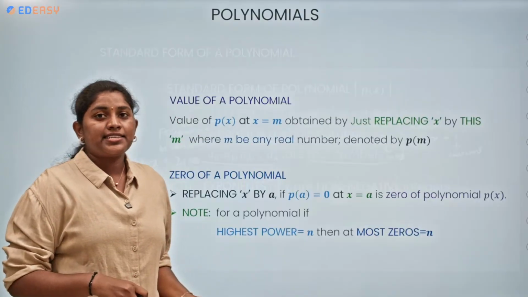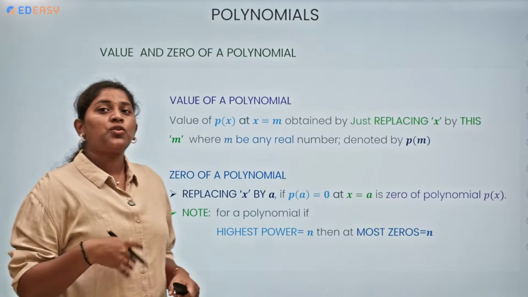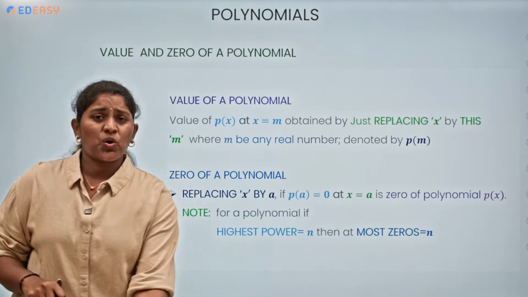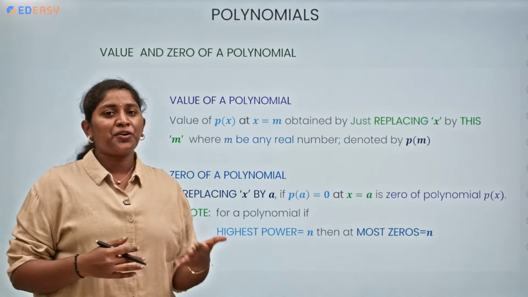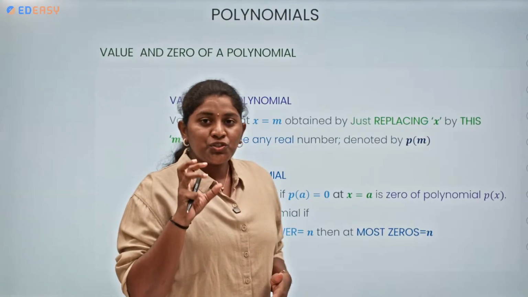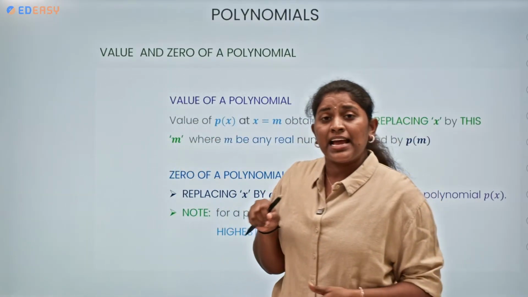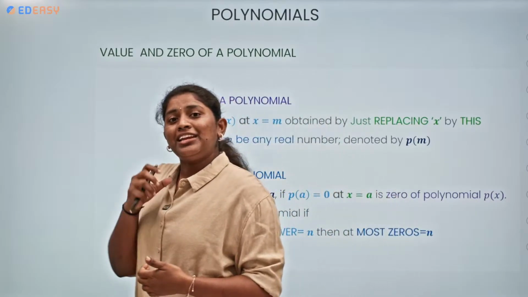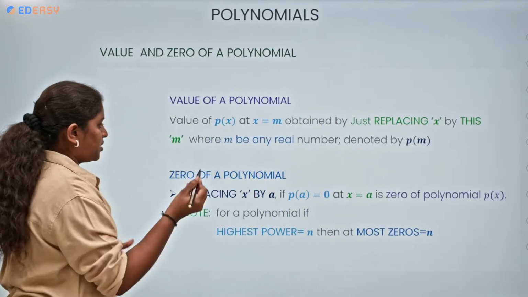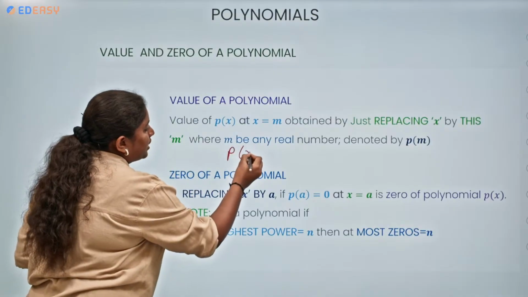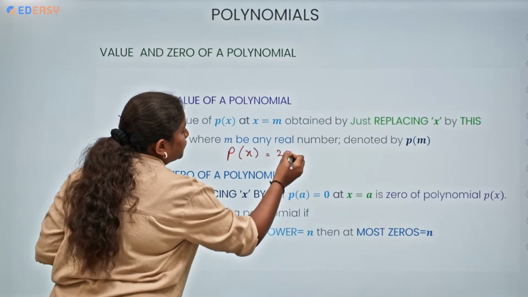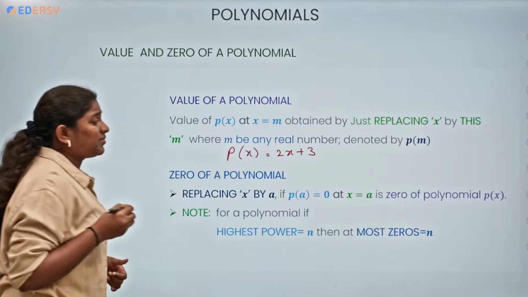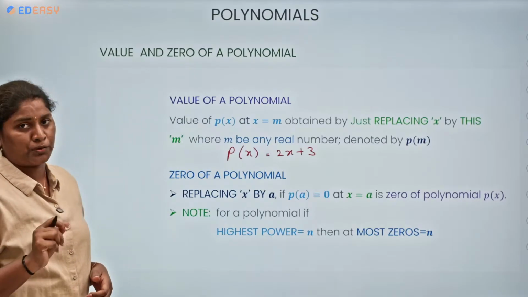Now let's discuss the value and zero of a polynomial. What is the value of a polynomial? For example, I am having p of x equals 2x plus 3. This is your simple polynomial.